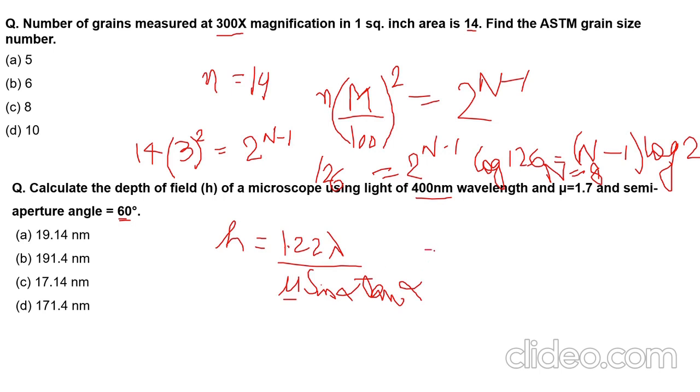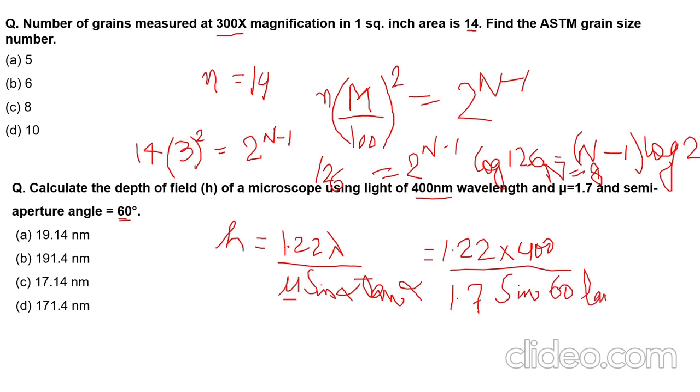Okay, so we can write 1.22 multiplied by the wavelength, which is 400, divided by the refractive index, which is 1.7, and we have sine of alpha, which is sine of 60, and we have tan of 60.